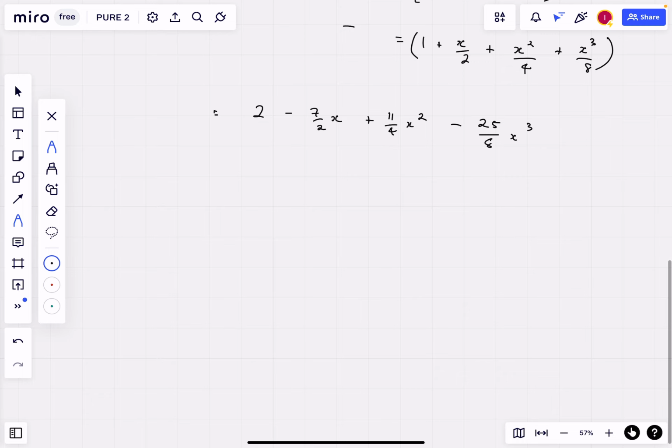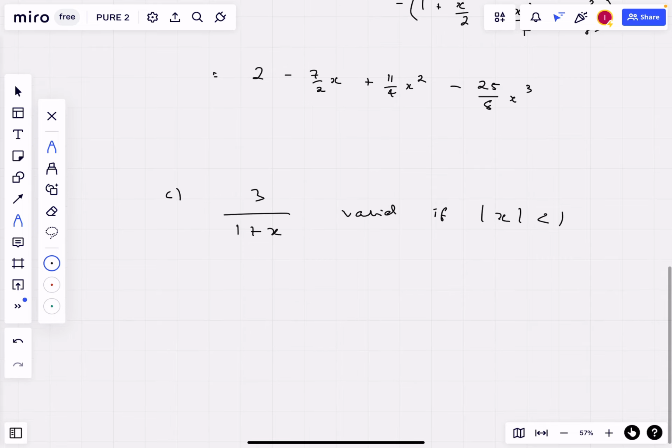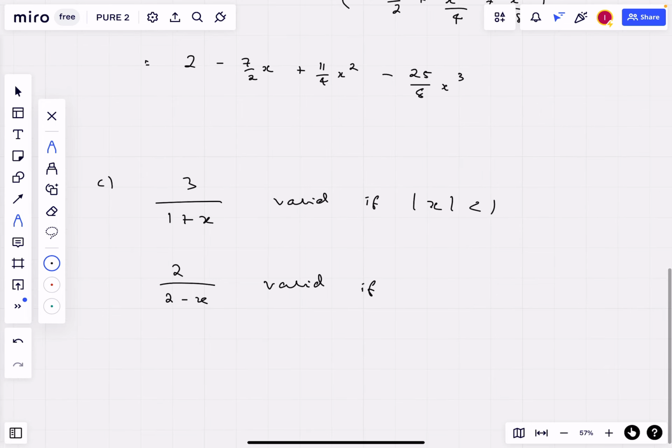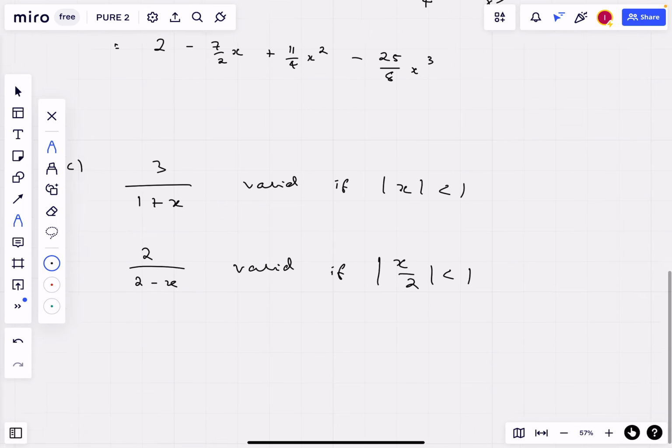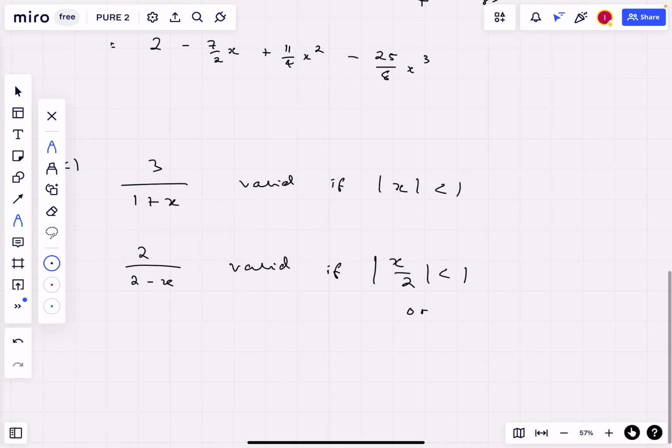Okay, the expansion for 3 over 1 plus x is valid if the modulus of x is less than 1, where the other one, it's the modulus of x over 2 is less than 1, or the modulus of x is less than 2.